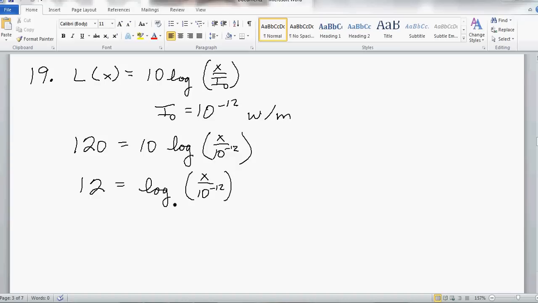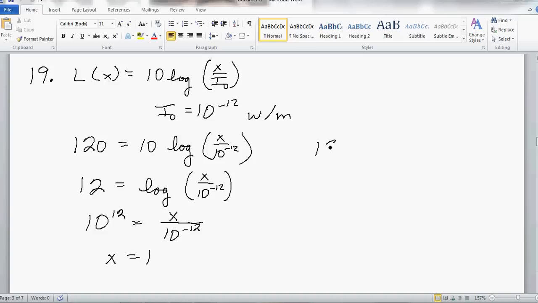That's called the common logarithm. So this becomes 10 raised to the 12th power equals x over 10 to the negative 12. To solve for x, we multiply both sides by 10 to the negative 12. Well, 10 to the 12th times 10 to the negative 12 is 1. So x equals 1 whenever there's 120 decibels.